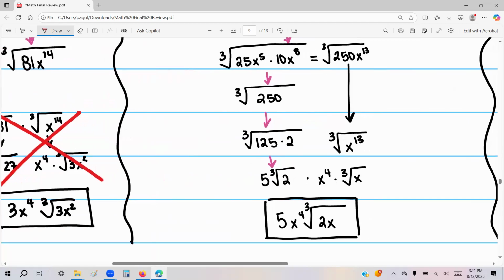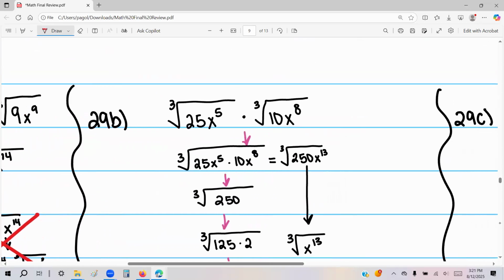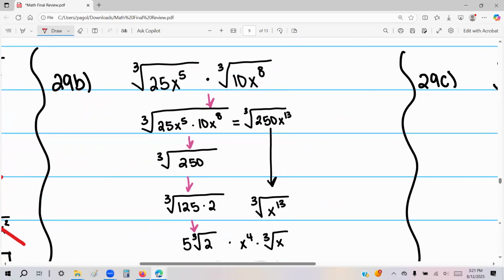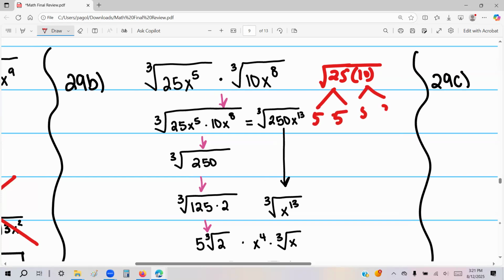Let's do one more. The next one, 25 and 10. There is no point in multiplying them because you have to end up dividing them anyway. So write 25 times 10 without even multiplying and break them apart: 5, 5, 5, 2. 25 is 5 times 5, 10 is 5 times 2.